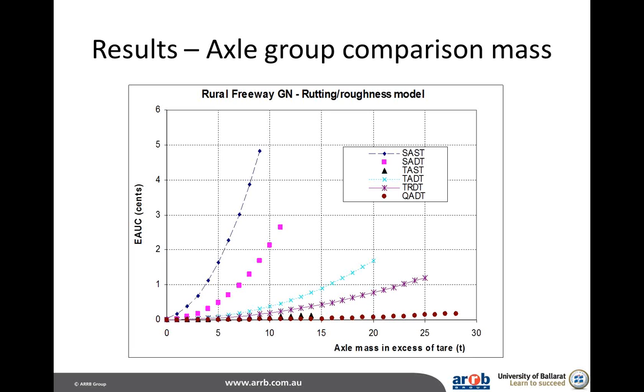And in between you can see all of these other axle groups. One that we often look at as an example is the tandem axle dual tyre, because it is a very common one, and that's this one here in blue, which, as you would expect, reacts somewhere in between the single axle single tyre and the quad axle dual tyre.